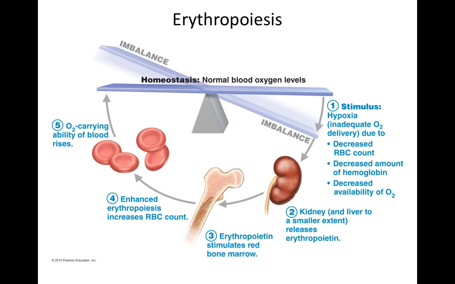The response, the set stereotyped response, is to release EPO. So it may or may not help depending on what the cause was, but there's no way to distinguish that in the body. So this is definitely a concept that we're going to see multiple times, really significantly in this cardiovascular unit, but then a handful of times throughout the semester as we go.